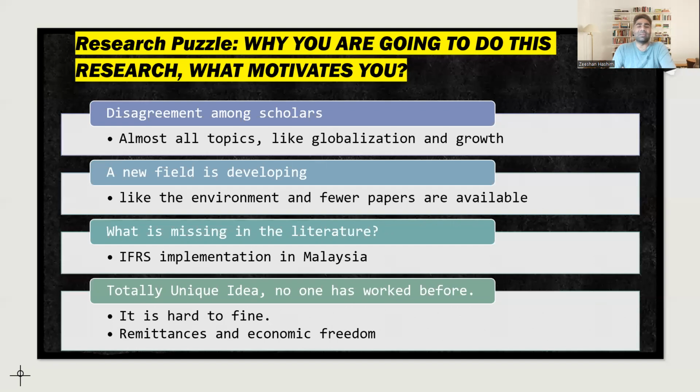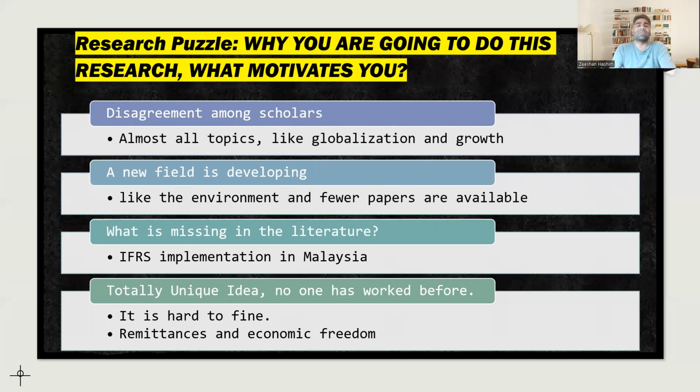If you read any research topic in economics and finance especially, even social sciences, you will find that scholars have less agreement among each other. For example, if the topic is globalization and growth, you will find that some people are saying that globalization positively impacts economic growth, and some people say that globalization has a negative impact on growth.